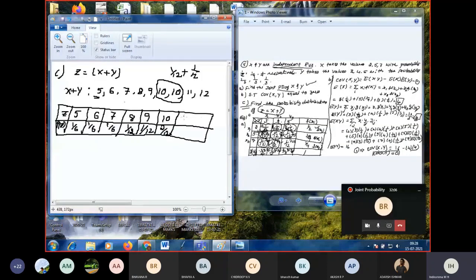Okay. So next come to 11. We got 11 by adding 7 as x and 4 as y. So that probability will be 1 by 12. Next, take the random variable 12. 12 is obtained when x is 7, y is 5. The probability is 1 by 12.